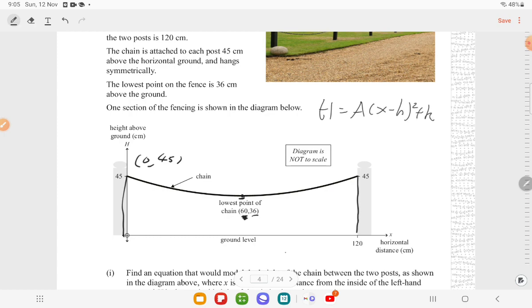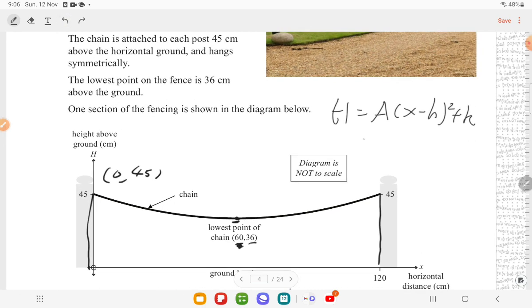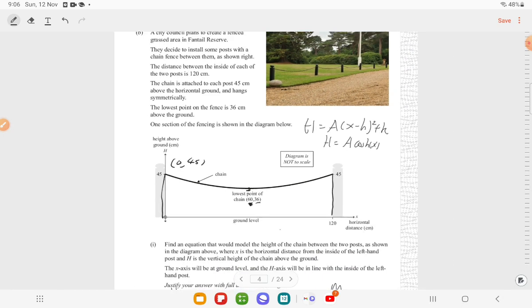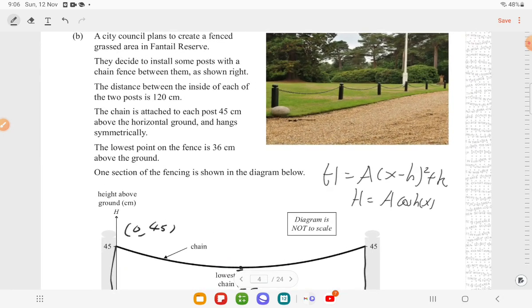But when you hold a chain like this, these chains are always in the form h is equal to a of cos, hyperbolic cosine. Although it looks like a quadratic, these are actually modeled by hyperbolic cosines. So technically you can answer this, but I would not risk it.